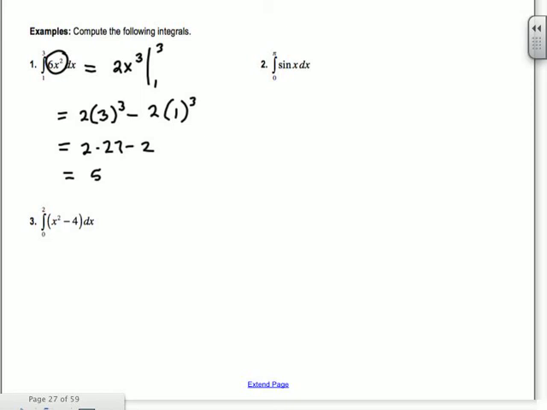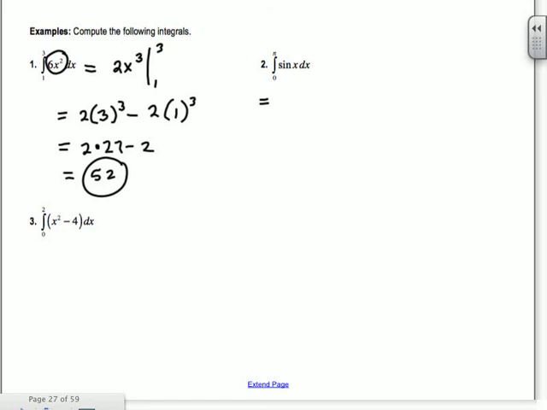So I get 2 times 27 minus 2, 54 minus 2, 52. Okay, that's your answer. Wait, why do we have a minus? Yeah, that's the rule.